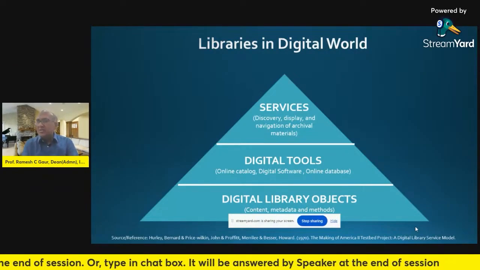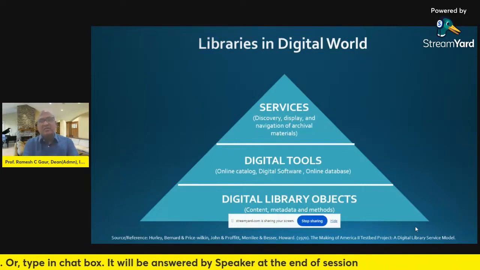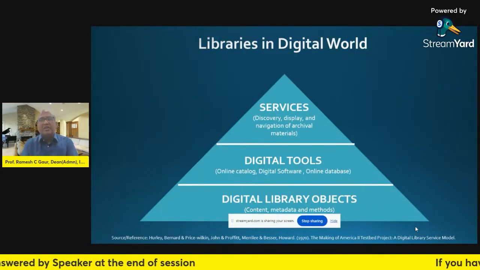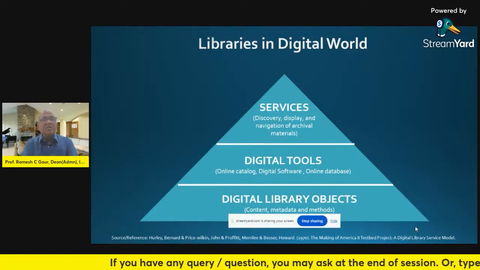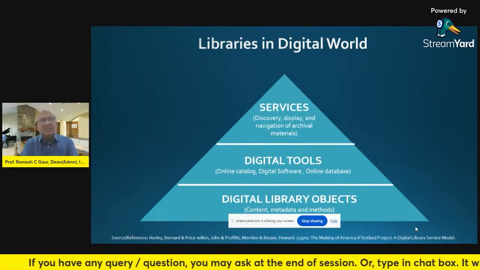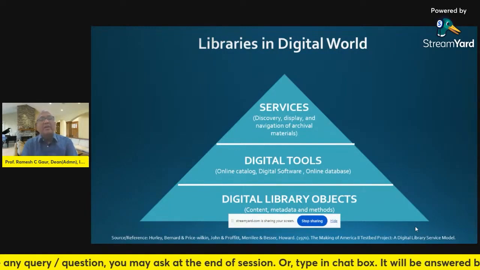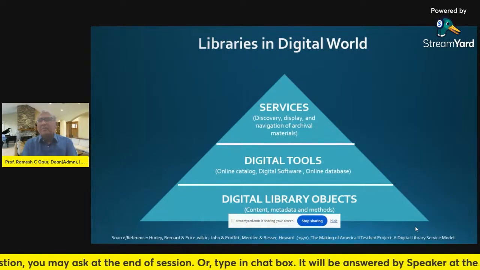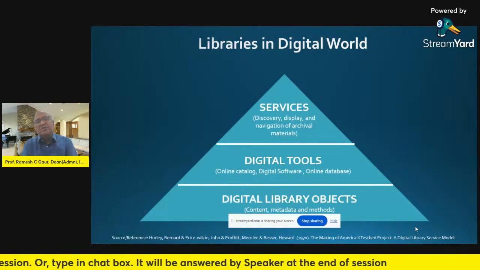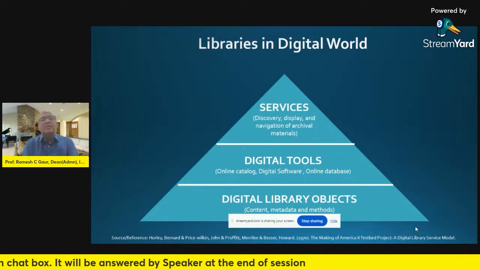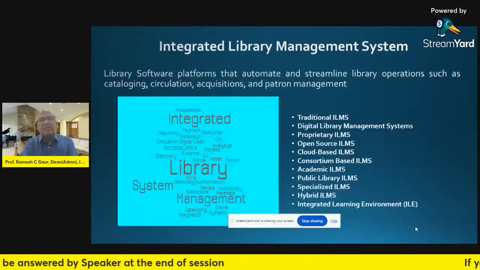Users want to discover what is available in their area of interest. It may be in your library print form, in your subscription form, under open access, or in the form of deep web search engines and various kinds of deep web resources. So everything needs to be understood in this context.